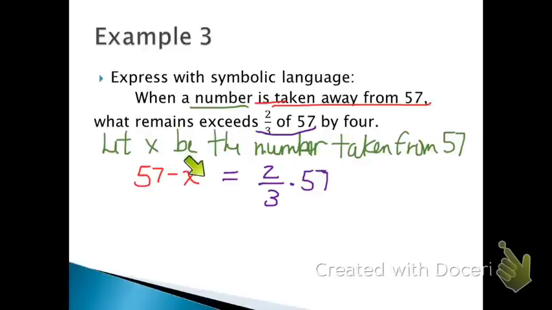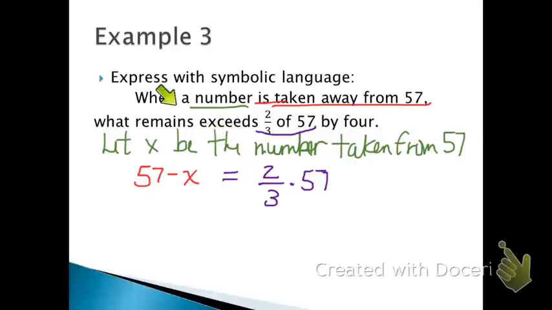And what remains, that's this amount after I do the subtraction, exceeds 2/3 of 57, which is right here, by 4. Okay, so exceeds seems to make us think of addition, because it's greater than something, it exceeds it. So which one of these quantities is bigger, the 57 minus x or the 2/3 times 57? Something exceeds the other by 4.